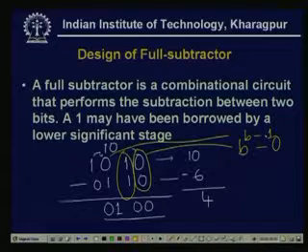So, this is the concept of the full subtractor, which is similar to our full adder, only the borrow replaces the carry, or the carry is replaced by borrow, whatever we call it.